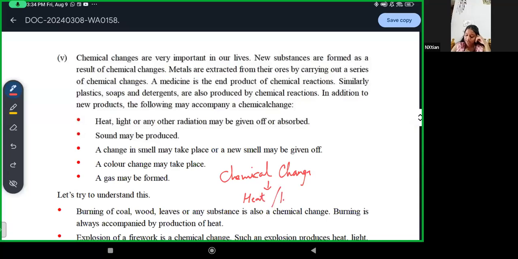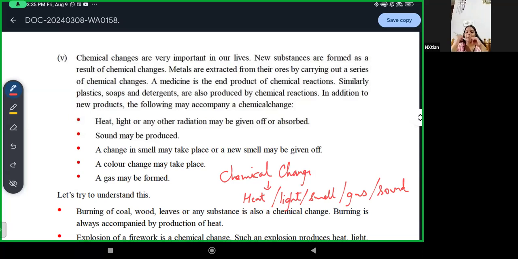Okay, it could be light, it could be smell, some gas, or it may be sound. Like we took an example when I explained that we used to pop pills and a popping sound used to come. I think it was sodium.